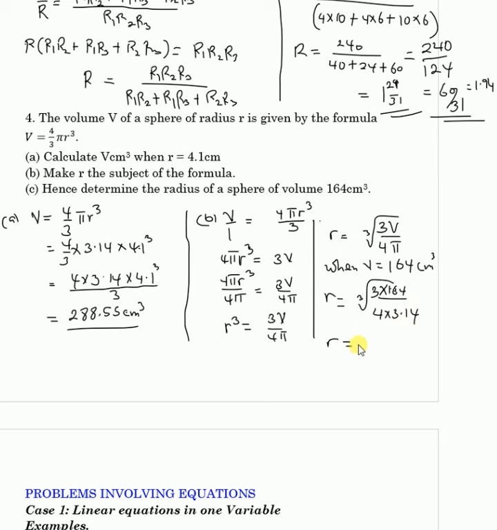So r is equal to the cube root of 3 times 164, which gives 492. Then 4 times 3.14, that one is around 12.56.